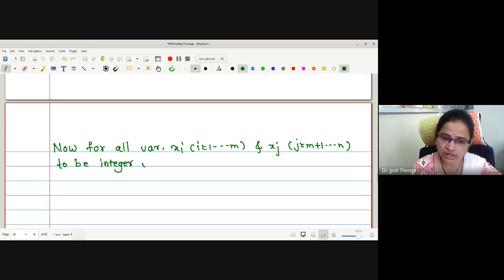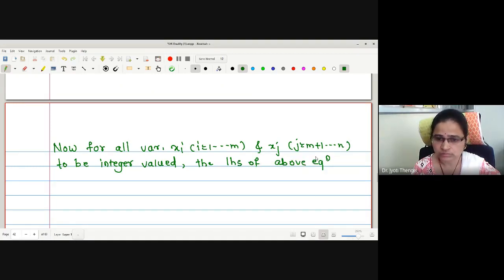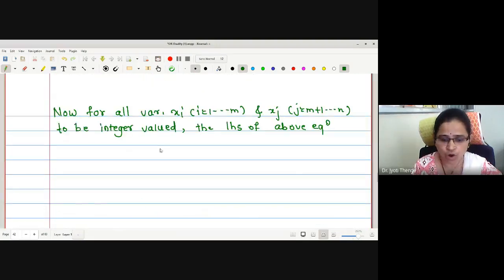That is, if all these variables are to be integer valued, then the left-hand side of the above equation must be an integer.